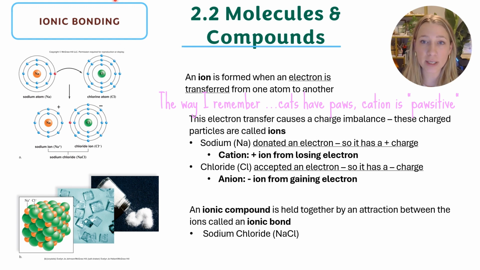So sodium donates this electron, which will make it have a +1 charge, and chlorine will accept an electron having a -1 charge. Now this is positively charged and this is negatively charged, and they are attracted to each other, kind of like how a magnet is attracted to another magnet. So the positive and negative charges of these ions is what forms that ionic bond and creates the ionic compound.